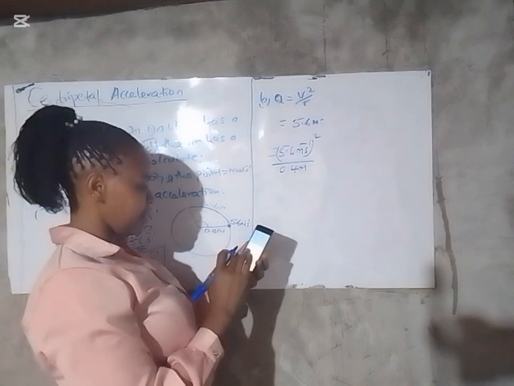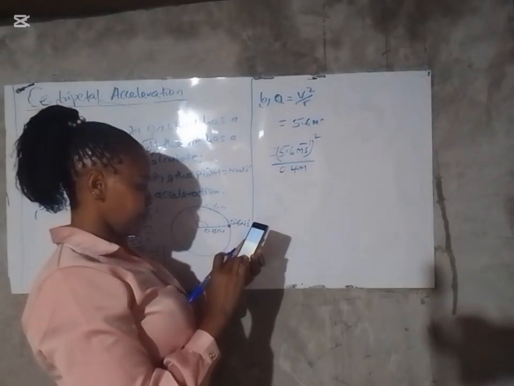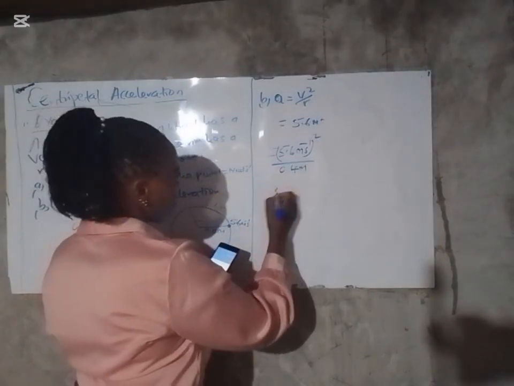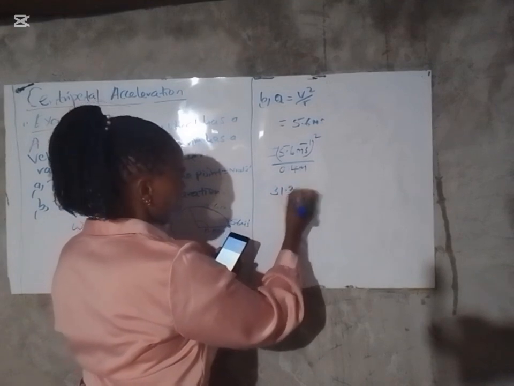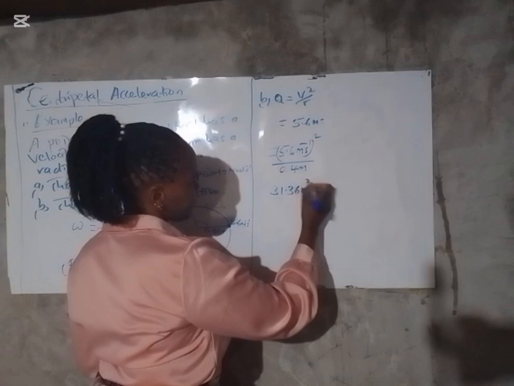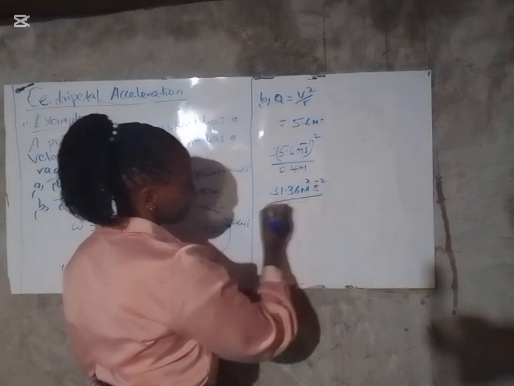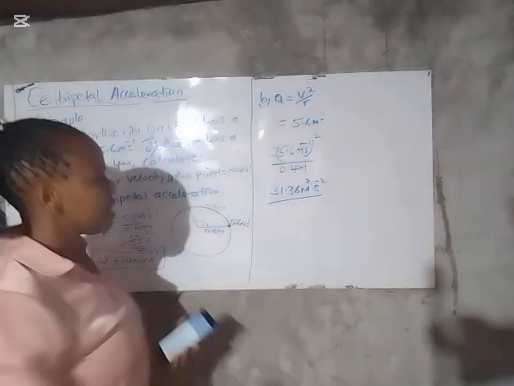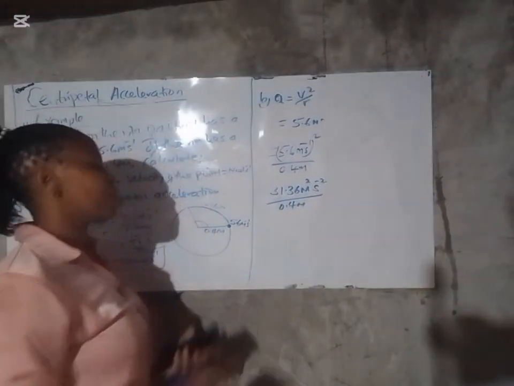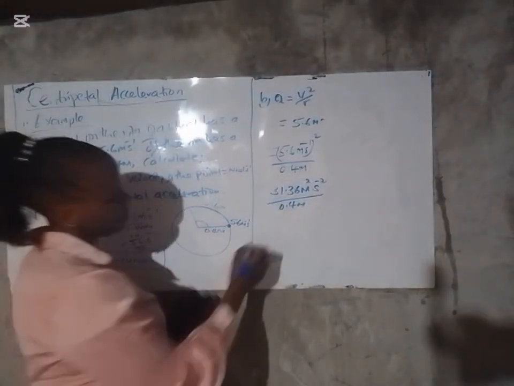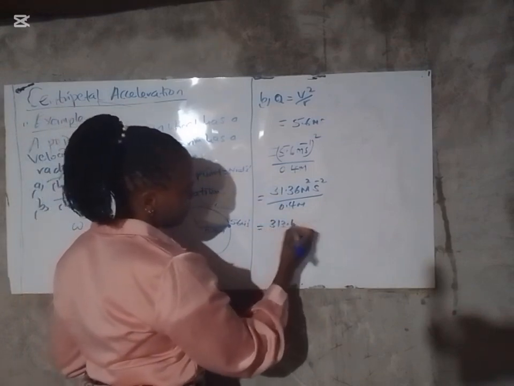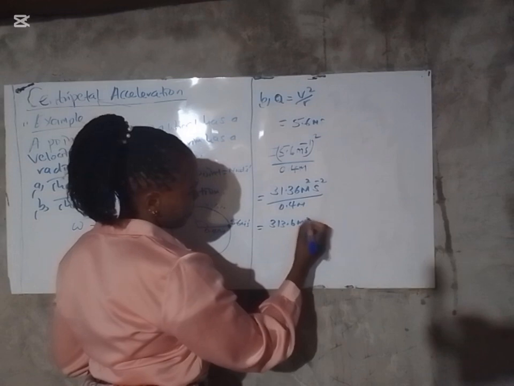I have 5.6 times 5.6, that's 31.36 meters squared per second squared. I'm squaring everything in the bracket, divided by 0.4 meters. Of course, times 10 times 10, that becomes 313.6 meters per second squared.